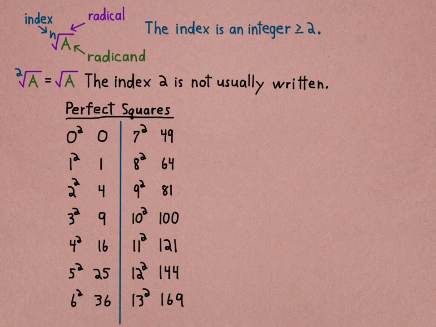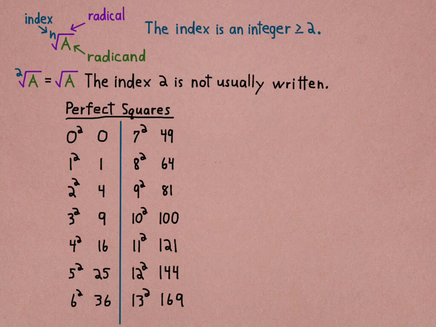I think most people know that. 11 squared is 121. You have to know that, okay? 12 squared is 144. Know that. And 13 squared is 169. And that's as high as most textbooks would go. In fact, I don't remember ever seeing a textbook that expected you to know what like 17 squared is or something. So 13 squared.